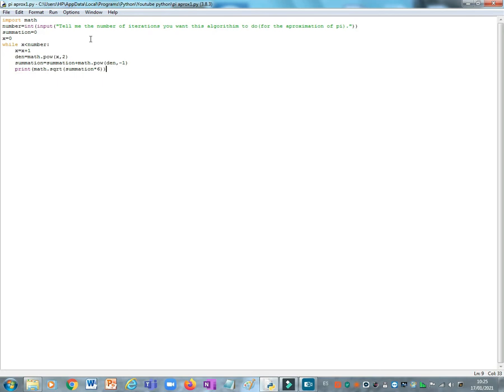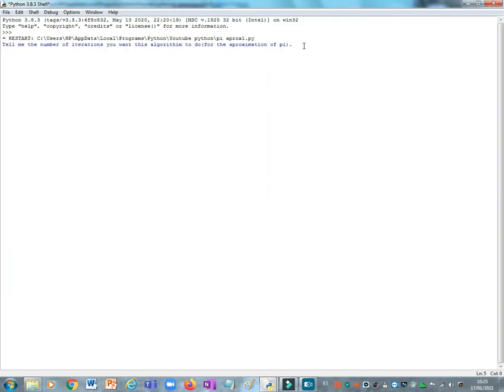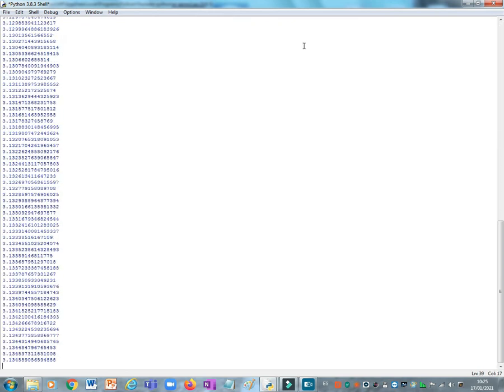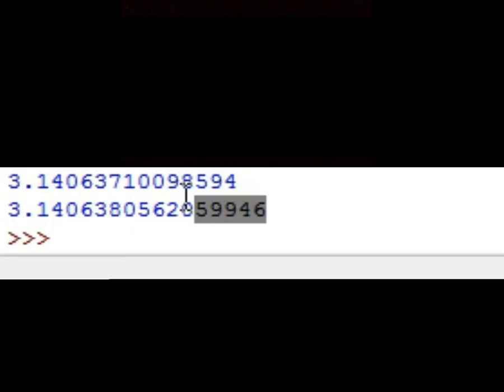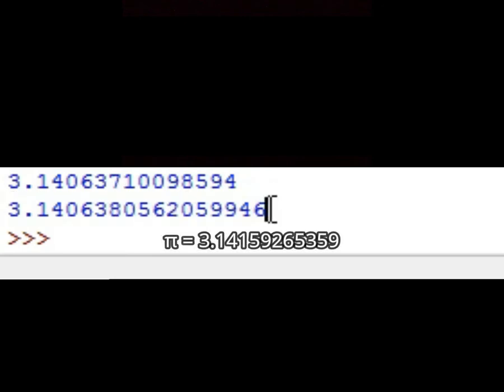Now let's see how this works. Okay, so this is a pretty good approximation. Compare this to pi.